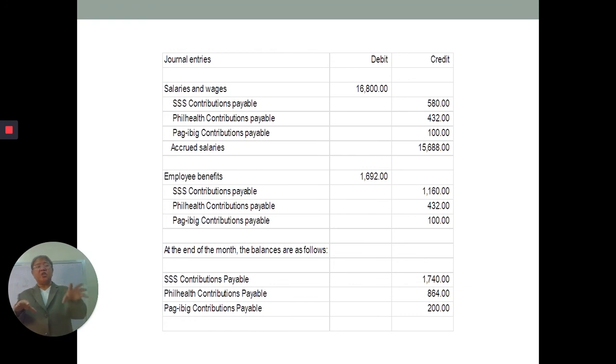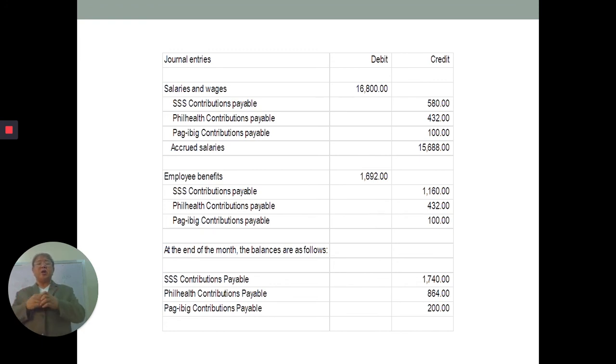Now, these amounts will be remitted to the different government agencies like SSS, PhilHealth, and Pag-ibig. When are these going to be remitted? Following month. So therefore, at the end of the month, they will remain as liability of the employer and will be shown as current liabilities because they are expected to be paid within the next 12 months from the reporting date.